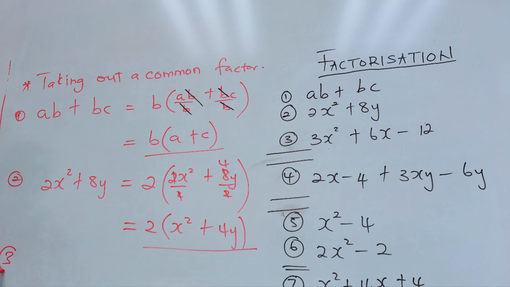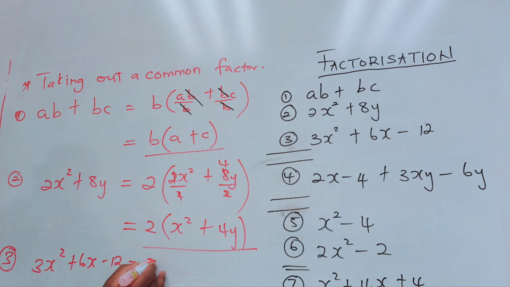Number 3 is 3x squared plus 6x minus 12. In this case, you can see a common factor between those three numbers, 3, 6, and 12. I'm finding 3 as our common factor.